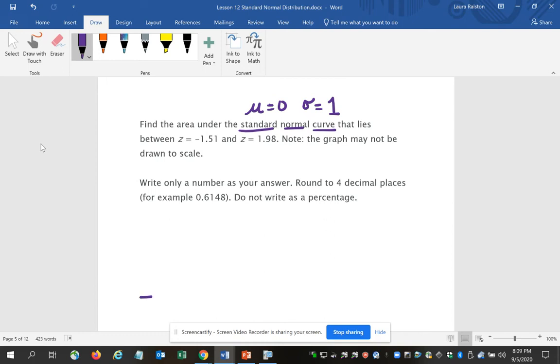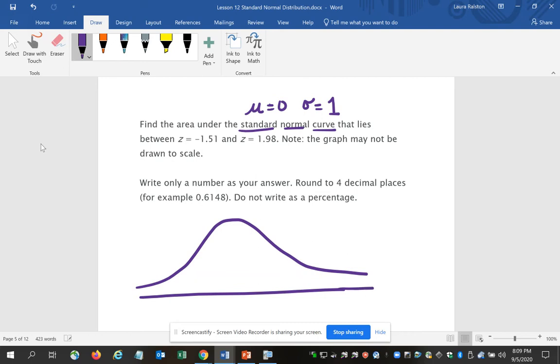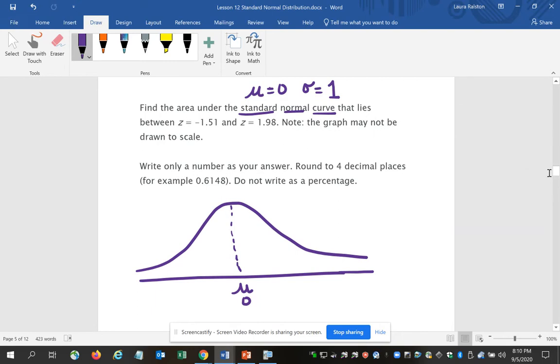I like to draw the picture because the picture helps me to see what I should enter into my calculator. So I have my horizontal number line, my bell-shaped curve, and I always label the mean, which is the measure of center in the middle, and it is 0.